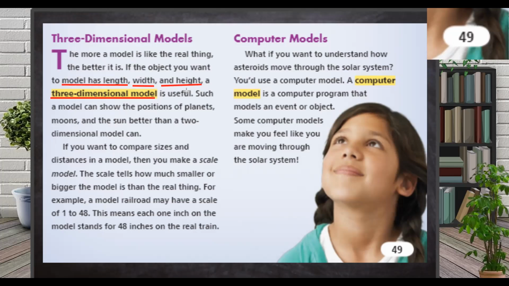And as our friend Talia read, it is useful and it's better than a two-dimensional model, because if you want to compare sizes and distance in a model, then you can. Not just scale. So a scale model is what? Three-dimensional or two?